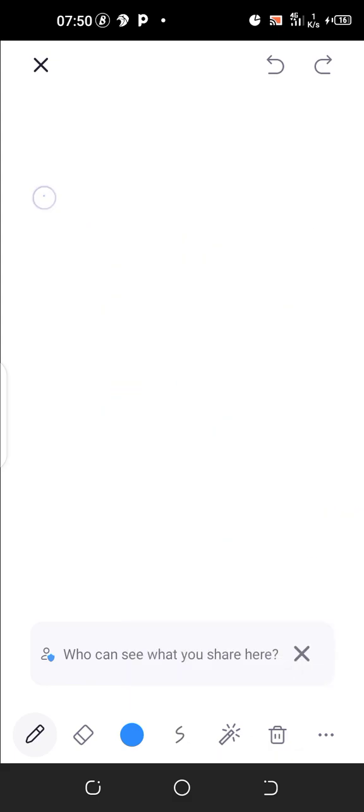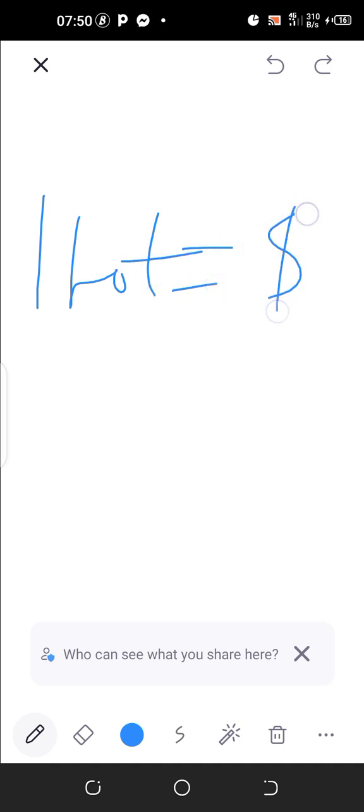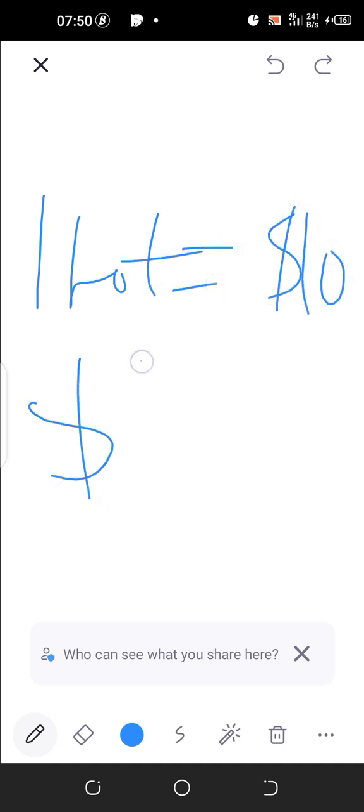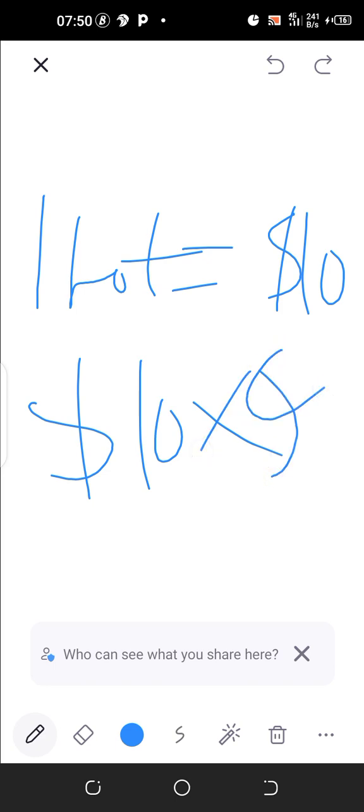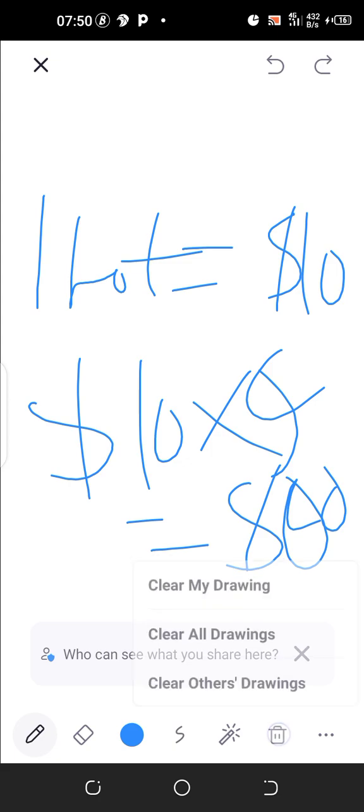For a standard lot, which is equal to $10, it will be $10 times 9, which equals $90. I hope you are getting the scoop.